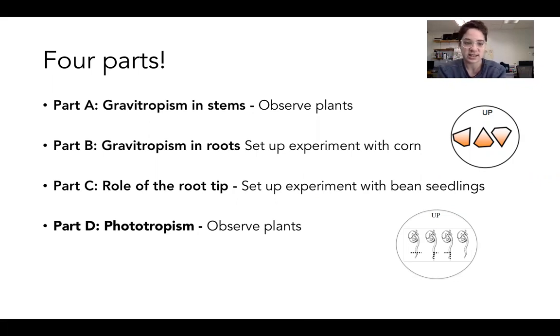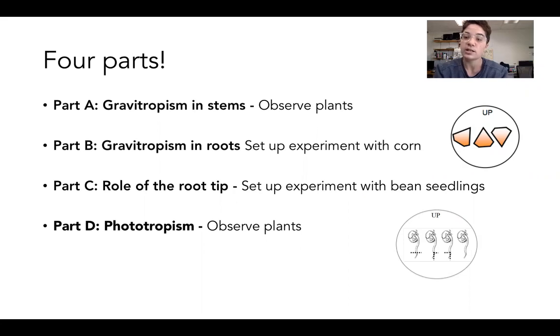In part D, we're going to be looking at phototropism, and you'll also just be observing plants. B and C are the only real ones that you'll have to wait until next week to finish before handing it in.